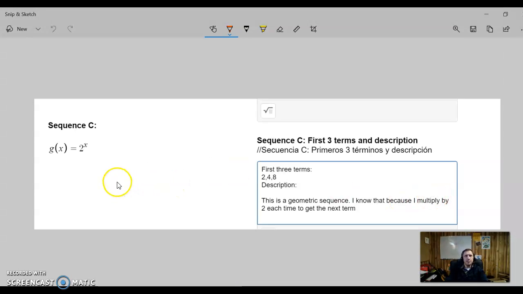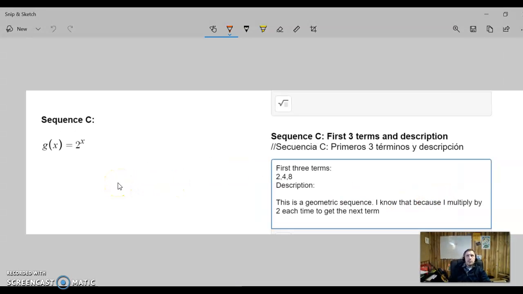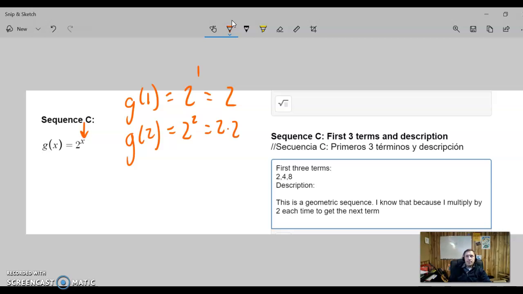Well, just like our other point testers, I'm going to plug in that first term, g of 1. Anywhere there's this x, I'm going to go 2 to the first power. Well, 2 to the first power is just itself, 2. G to the second power means g squared. That's 2 times 2, which is 4.